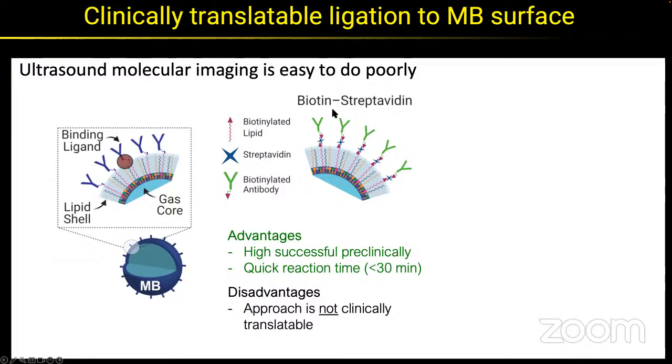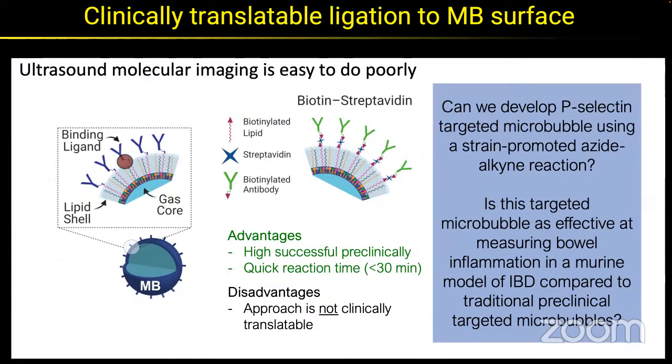So if you come up with a successful targeting agent, and say, oh, this works great, you have to then use a different ligation method and redo all of your studies, because just changing the way that you connect things to the microbubble changes biodistribution, and it changes how your contrast agent works.